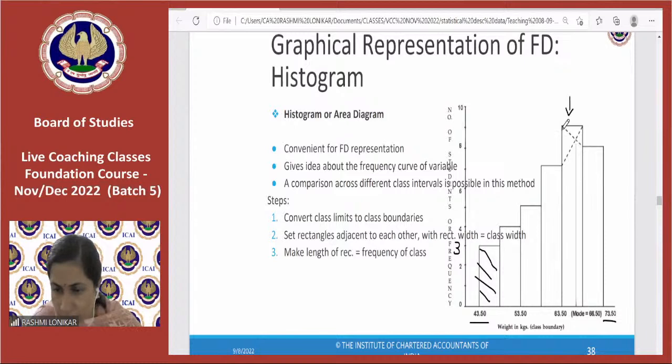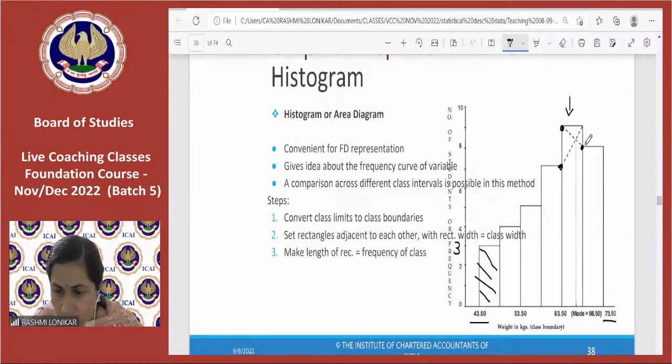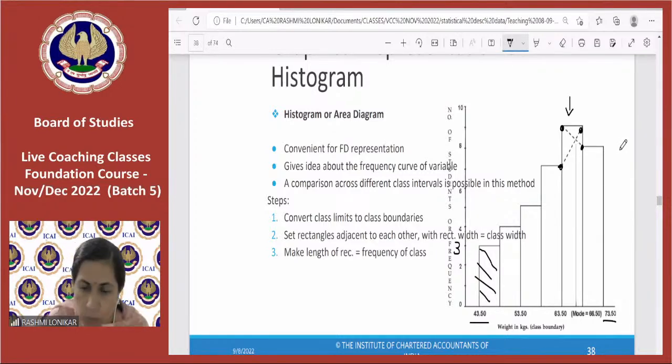So here is this point, here is this point, here is this point. These 2 points are very critical, and then this point. Using this you can find out the mode.